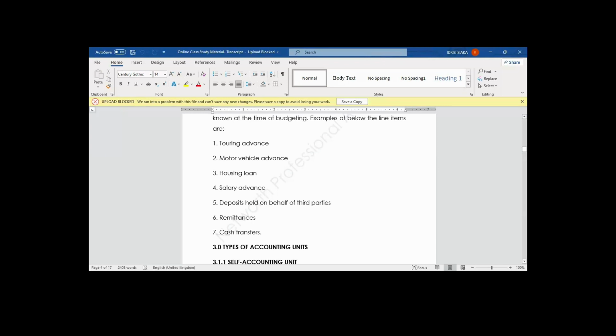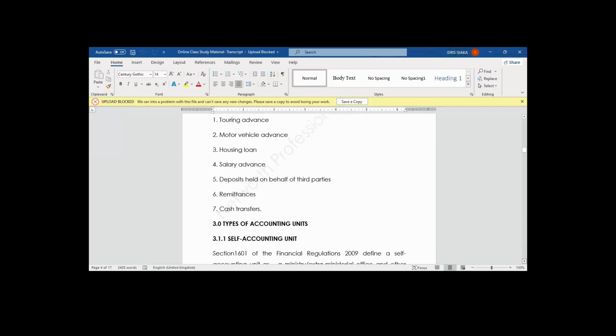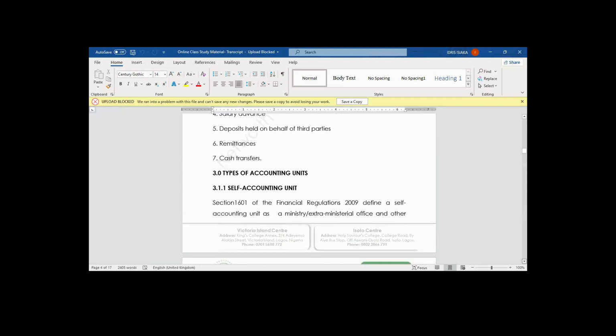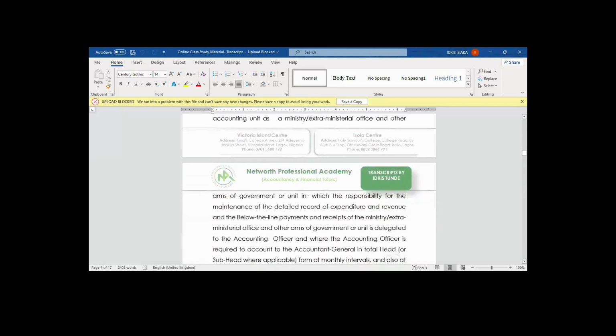That is that. Now, let's look at types of accounting units. In the beginning of the lecture, I said there are three types of accounting units: self-accounting unit, sub-self-accounting unit, and non-self-accounting unit.